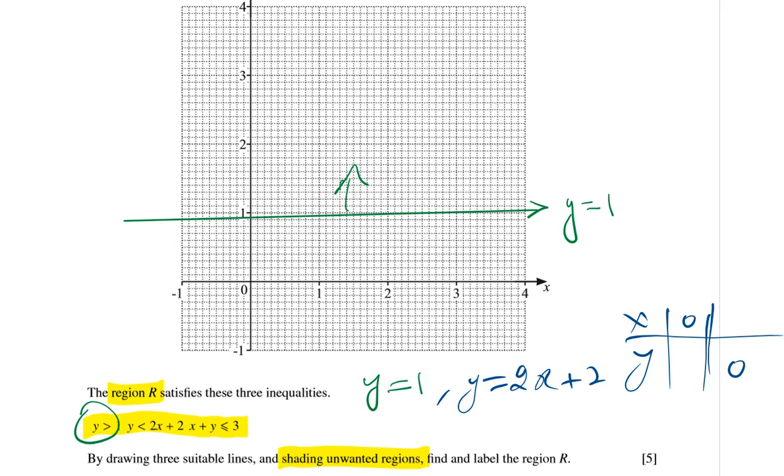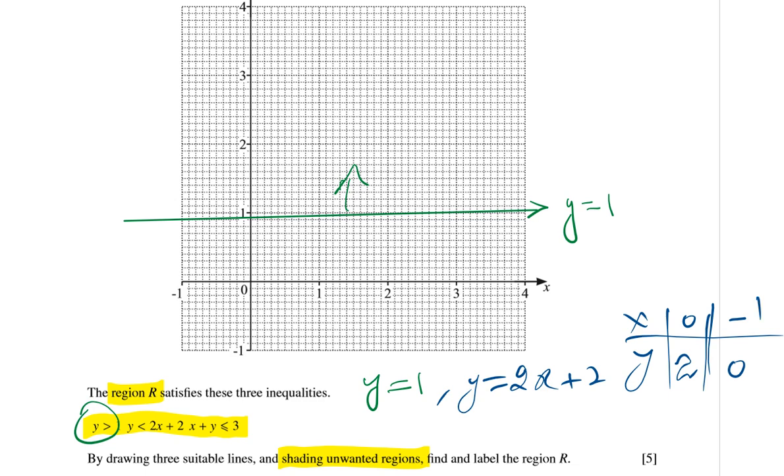For the y-intercept, x is 0, and when x is 0 you get 2. For the x-intercept, y is 0 and you get -1.